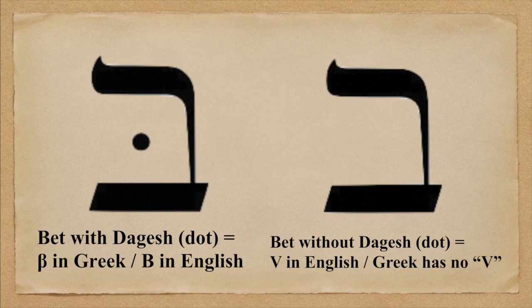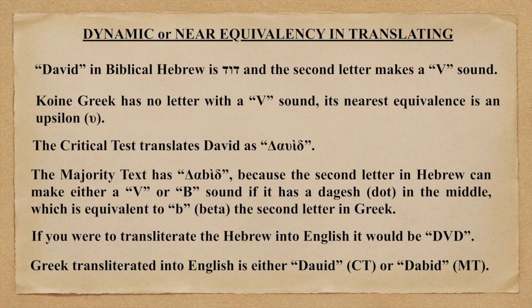So if you were to transliterate the Hebrew into English, it would look like DWD. But the Greek translated into English is either Daoud, D-A-U-I-D, which is what we'd find in the critical text, or David, which we would find in the majority text.